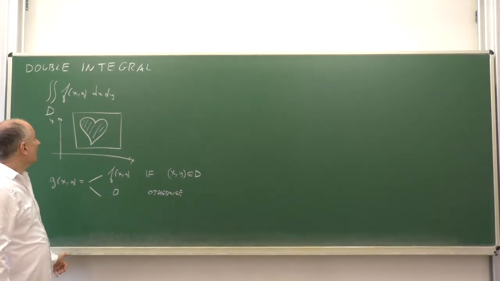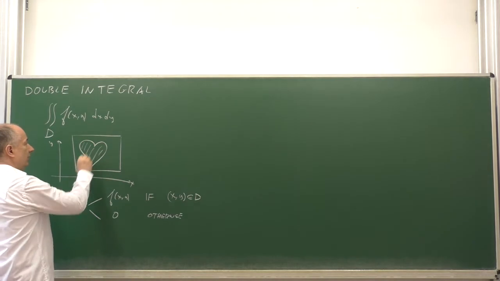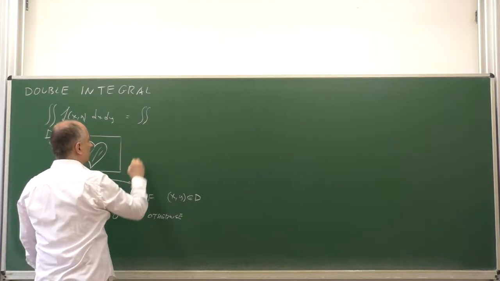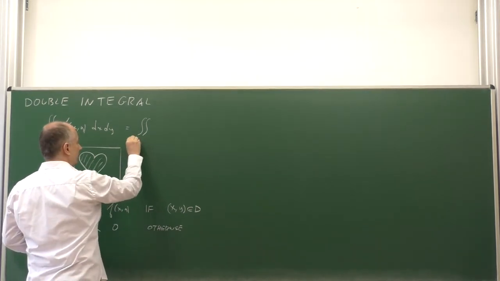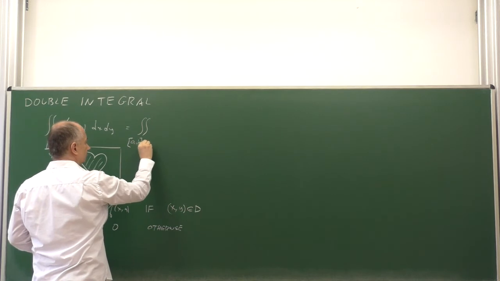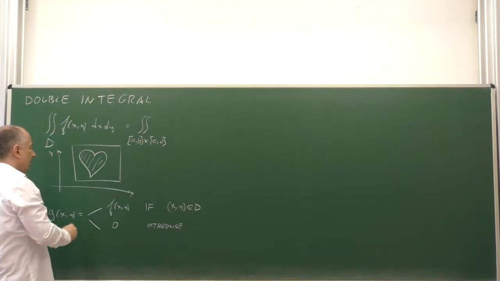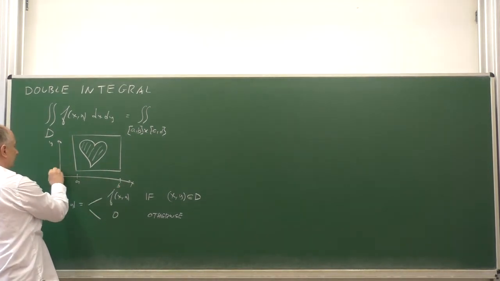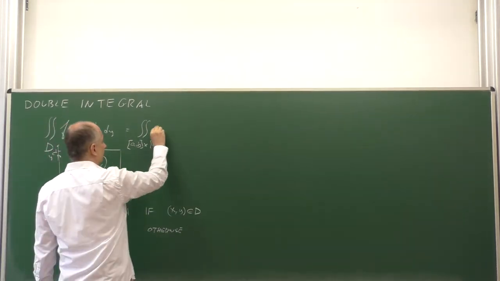And then we can define the integral of f over this set D as the integral over the Cartesian product [A,B] x [C,D], where this is the large rectangle, of the function g.